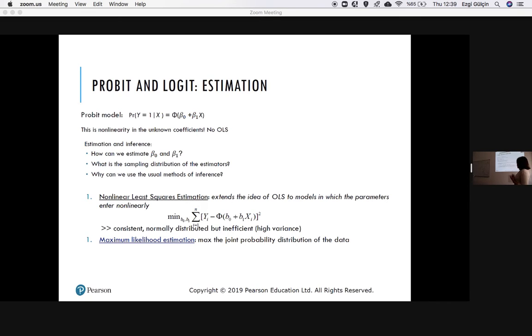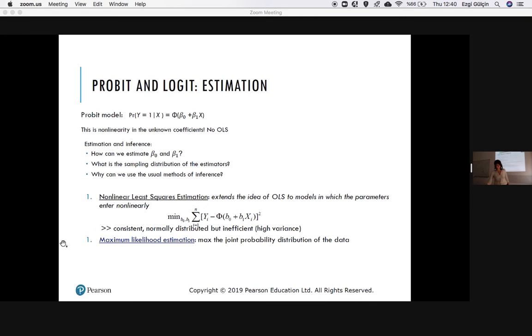That's why we can say that the nonlinear least squares estimation is inefficient, because there is another estimator, the maximum likelihood estimator, which is the most efficient estimator for the case of nonlinear probability models. As I told you, here we were minimizing these errors. Now we are maximizing something, and this something is the joint probability distribution of the data.